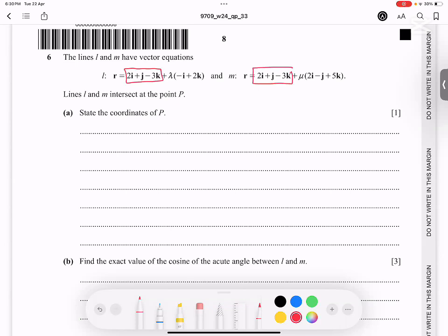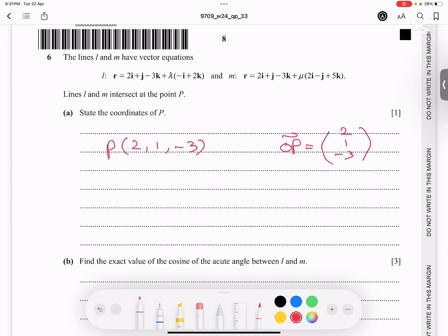It means you can say this is a common point where the two lines intersect. So the common point is P, a simple answer. If he asks for coordinate form, it is 2, 1, and -3. If he asks for vector form, you have to write O, then 2, 1, and -3. I hope you got the point.